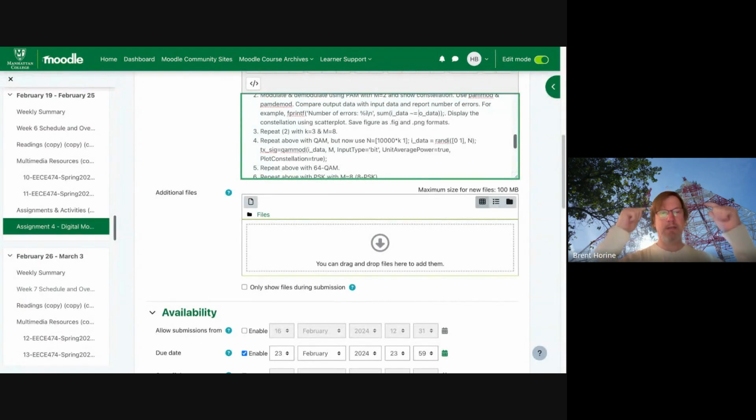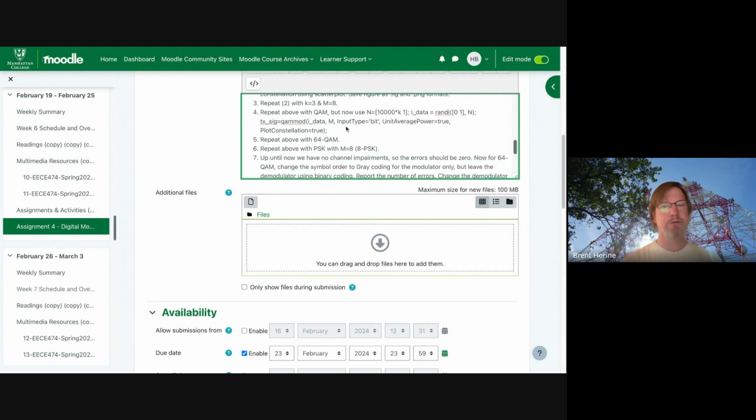Element 1, input and output will be compared, element 2, input and output will be compared, and so on. Then you can sum all that up, and that should give you the number of errors. Of course, until we start adding noise or some other impairments, you shouldn't have any errors.